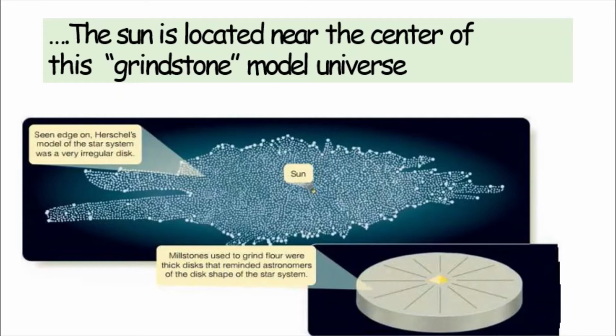Seen edge on, Herschel's model of the star system was a very irregular disk. Here is the Sun. Millstones used to grind flour, being thick disks, reminded astronomers of the disk shape of the star system.